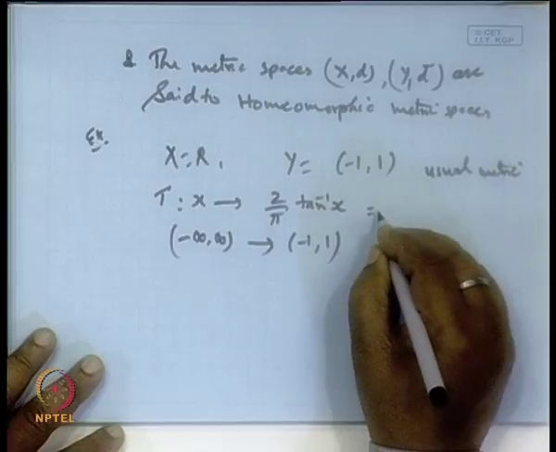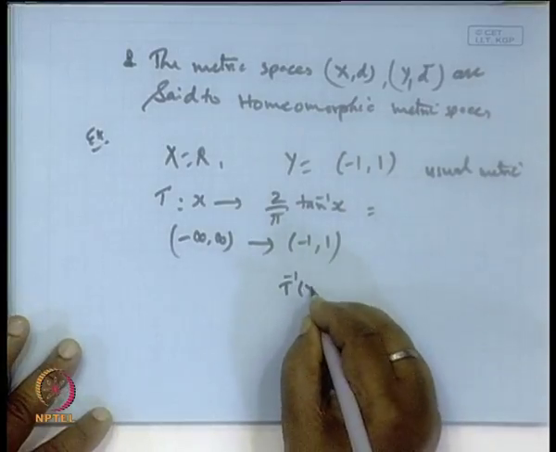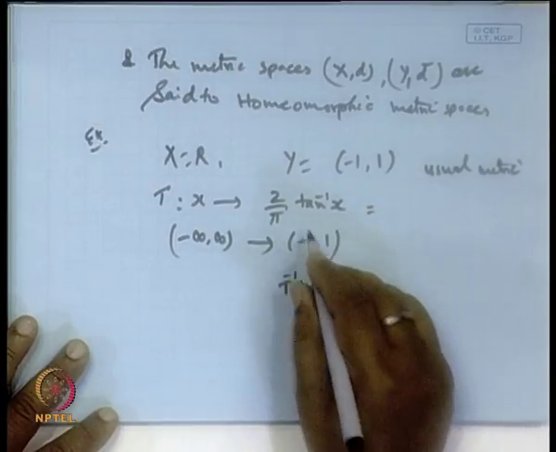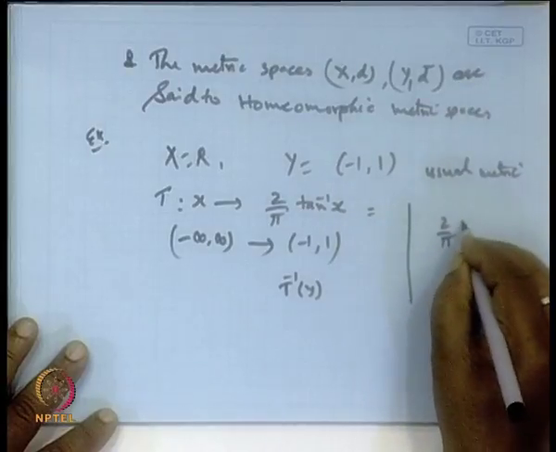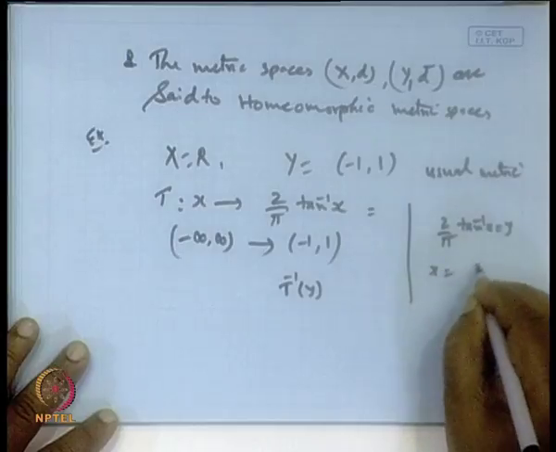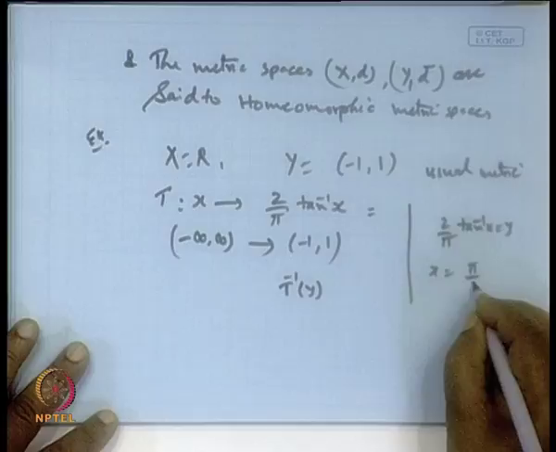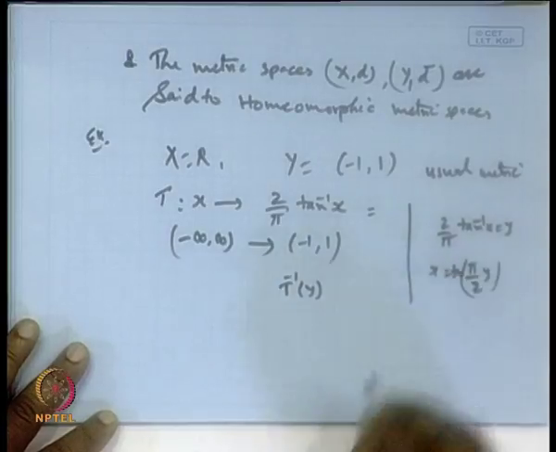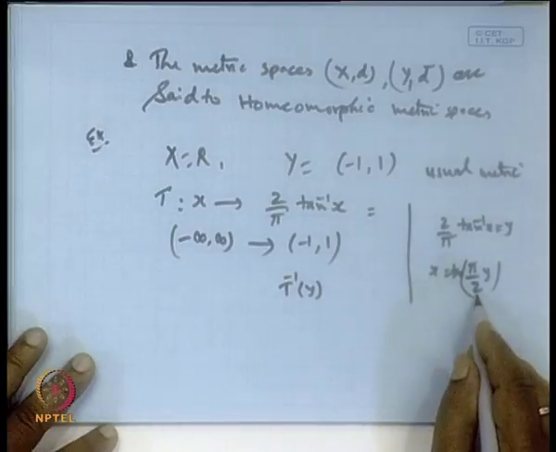So, we can write the inverse of the mapping as T inverse y, and that will be equal to, from here, because this will be 2 over pi tan inverse x is y, so we can write x equal to pi by 2 times y, and tan of this. Clear. So, accordingly you can get, again this is a continuous function.